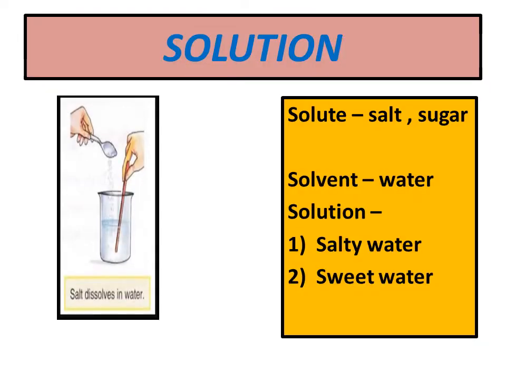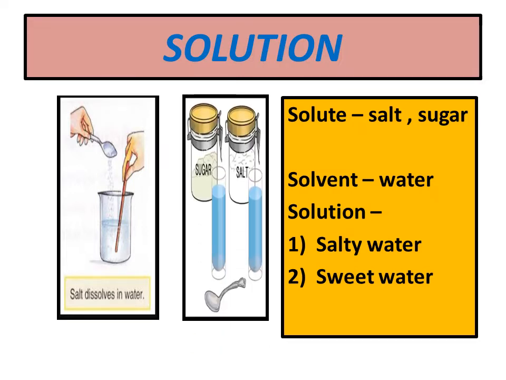Now we will give you a few examples of different solutions. Look at the pictures. You can see that salt is dissolved in water and sugar also. We all make shikanji or salty water at home. So we know that sugar and salt dissolve easily in water. So what is solute?